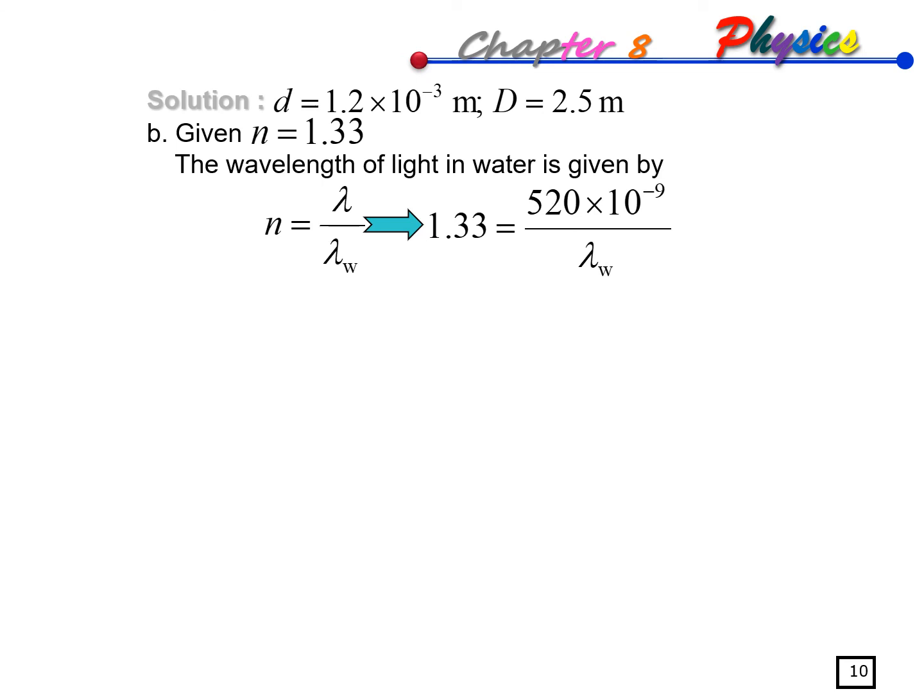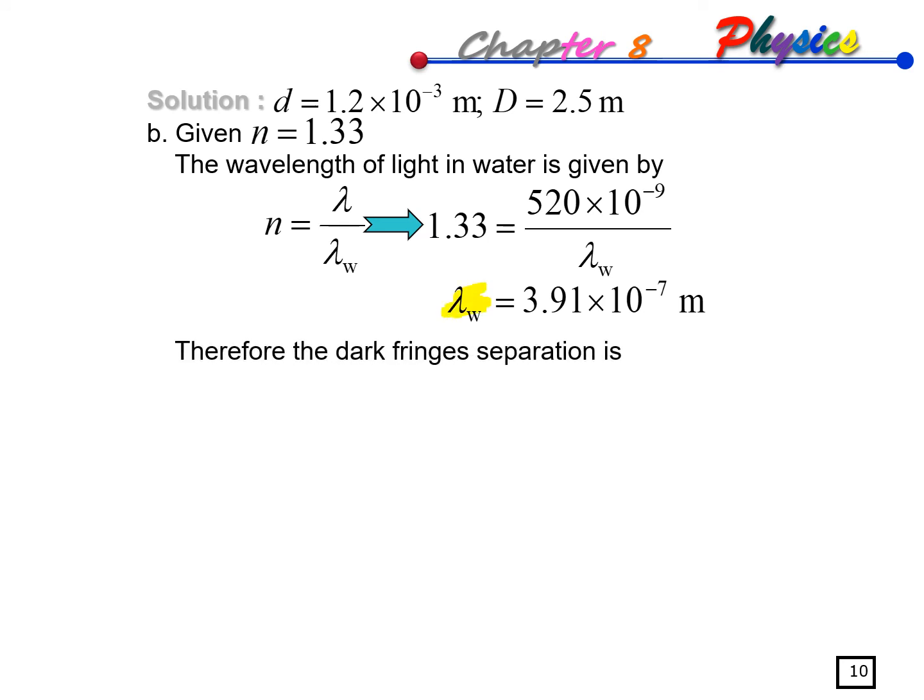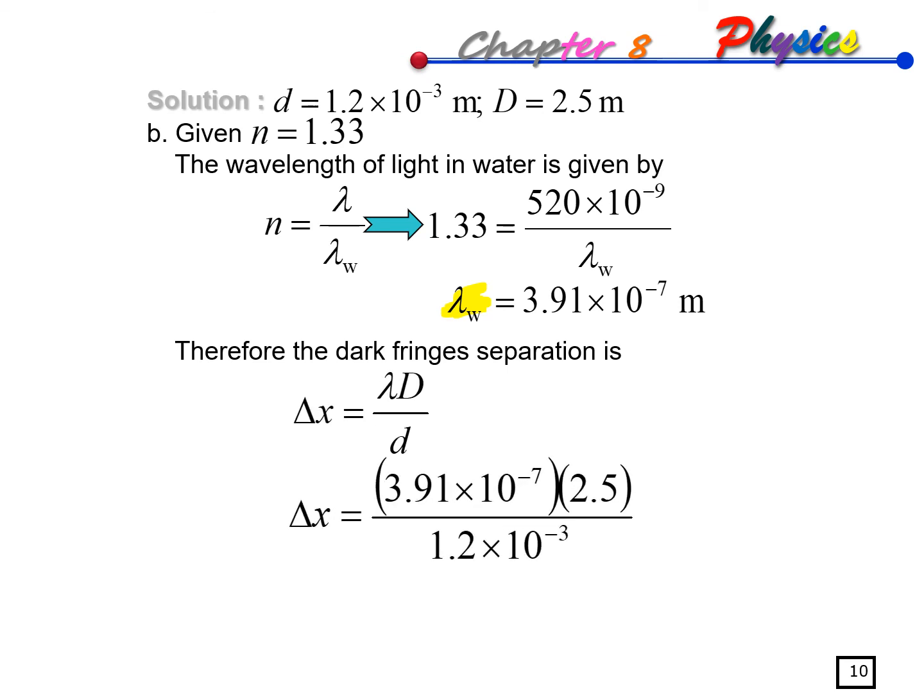You need to determine the new wavelength, which will be a shorter wavelength, the wavelength in water. Once we have the value, you can insert it back into the equation, which will end up with a separation of the dark fringes that is much smaller compared to when you conduct the experiment in air.